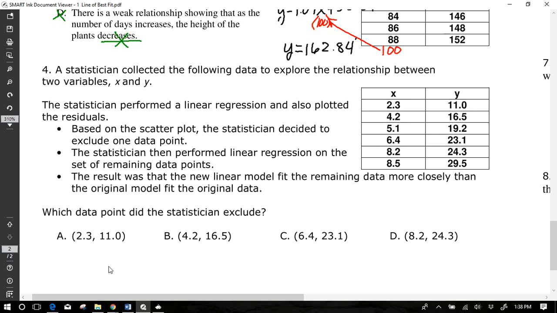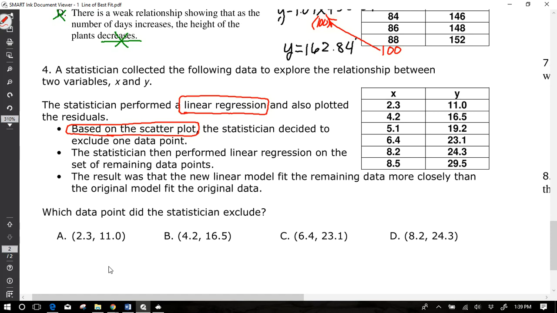Based on the scatter plot, so that's important, and she also did linear regression, okay? She decided to exclude one data point. She performed linear regression on the set of remaining data points.